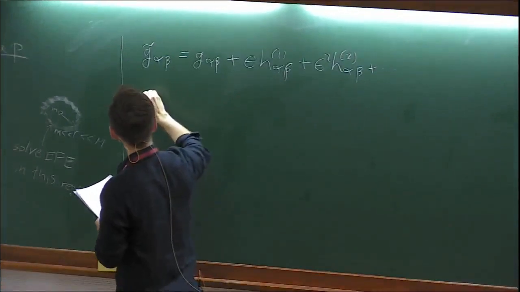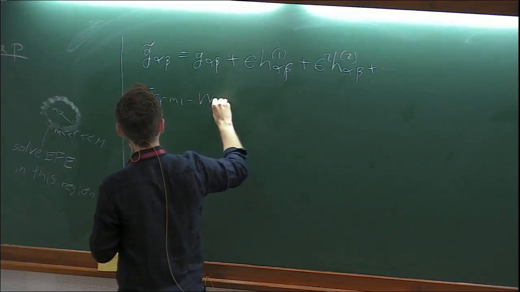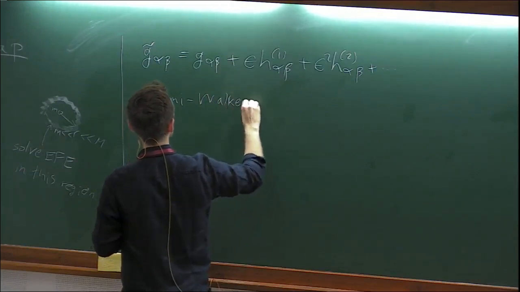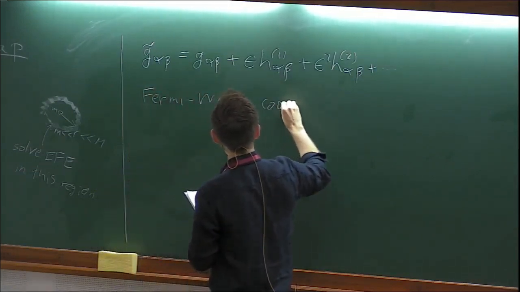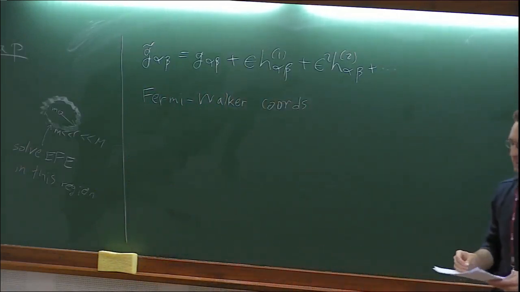We adopted local coordinates, so concretely we can use Fermi-Walker coordinates that are centered on a world line that will represent the center of mass of the small object.